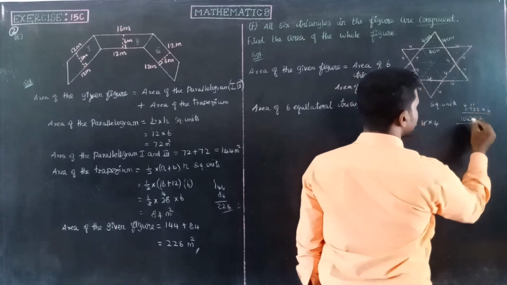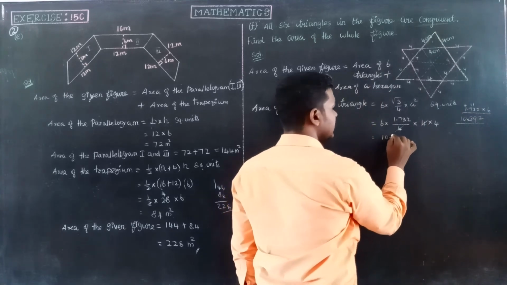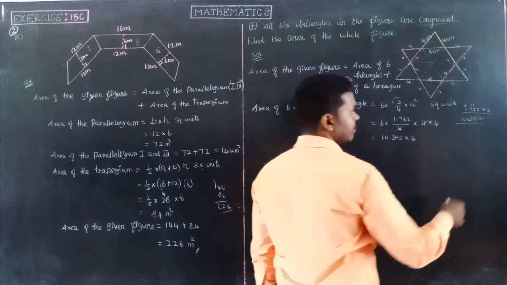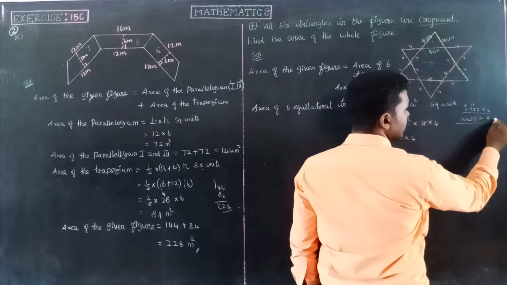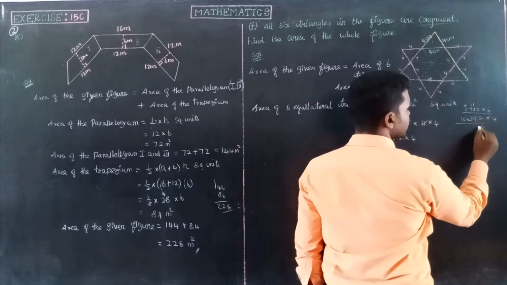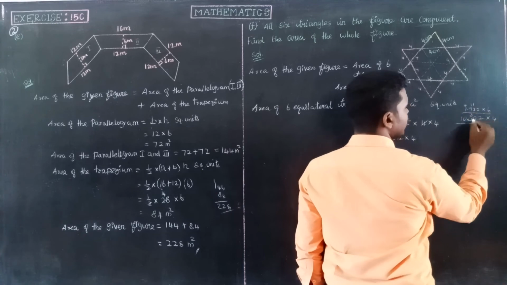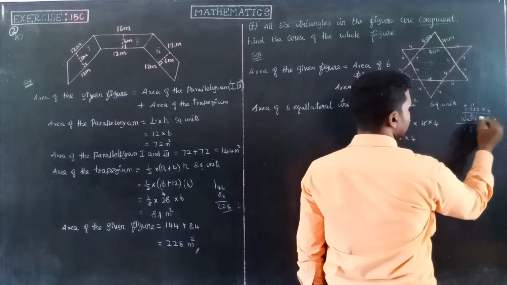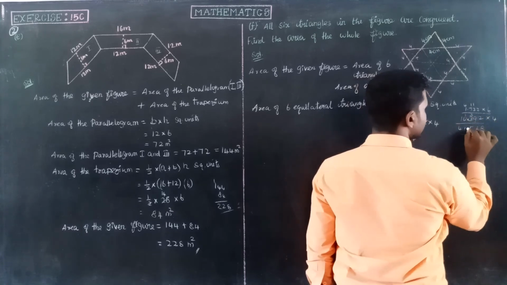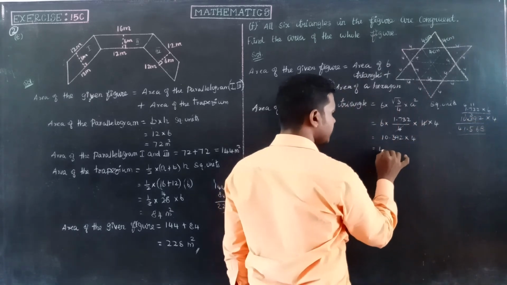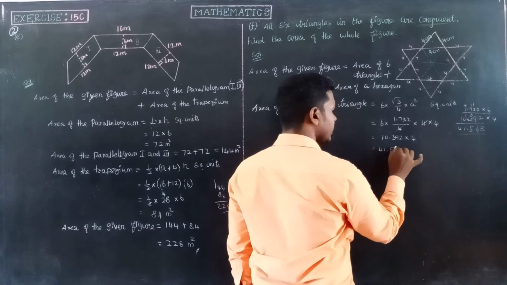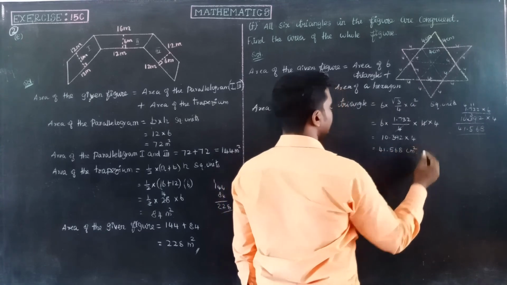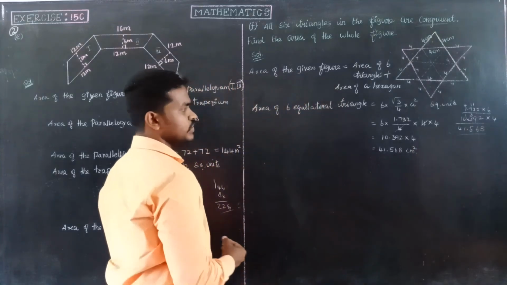So to 3 decimal places, 10.392. There is one more 4, so multiply by 4. 4 2s are 8, 4 9s are 36, remaining 3, 4 3s are 12, 12 plus 3 is 15, remaining 1. So again 1 comes, 4 1s are 4. So to 3 decimal places, 41.568 centimeter square is the area of the 6 equal triangles.